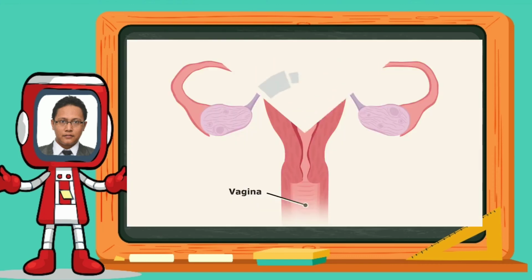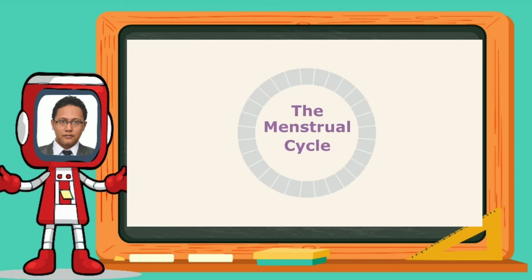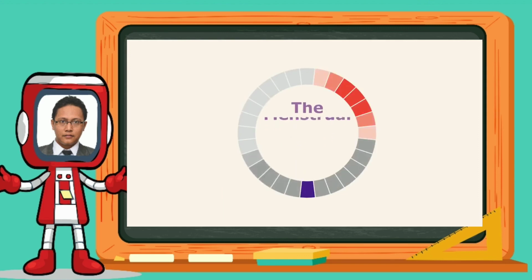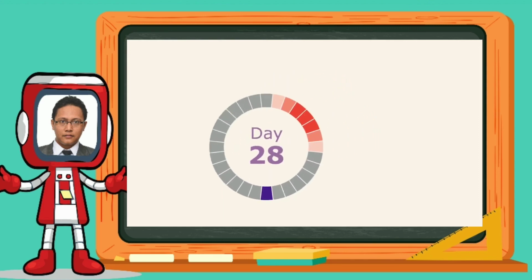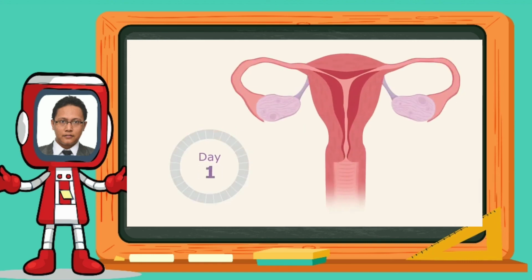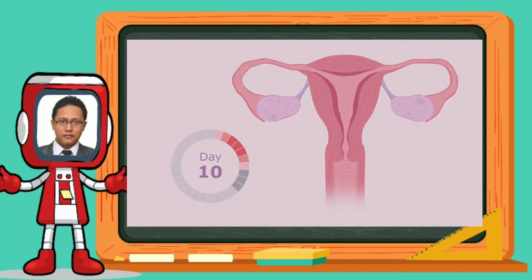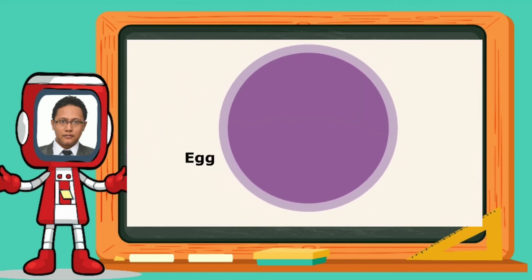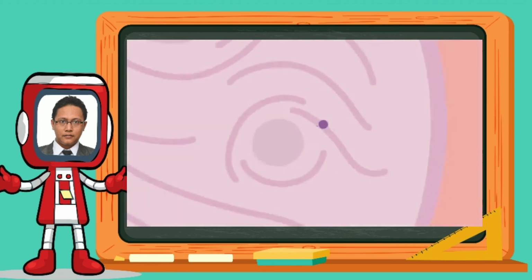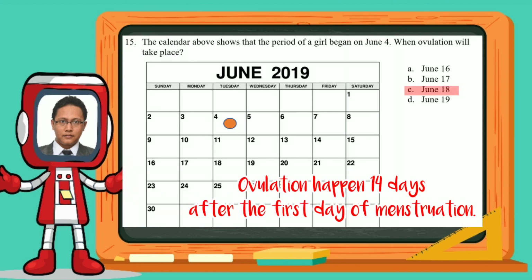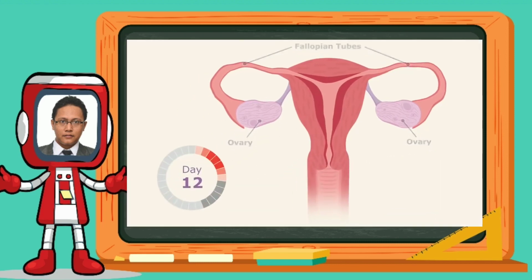So if the girl in this question begins having her period on June 4, then 14 days later, on June 18, she will have ovulation. Even though it's not very eventful in humans, you cannot feel that you just released the egg, but it happens 14 days after the start of menstruation.